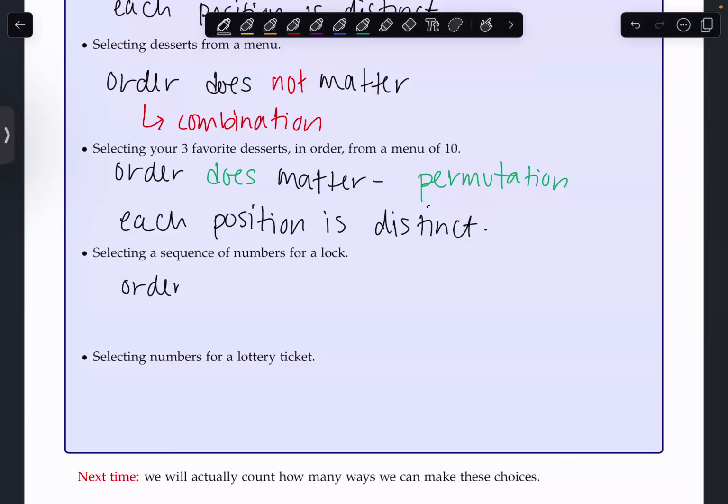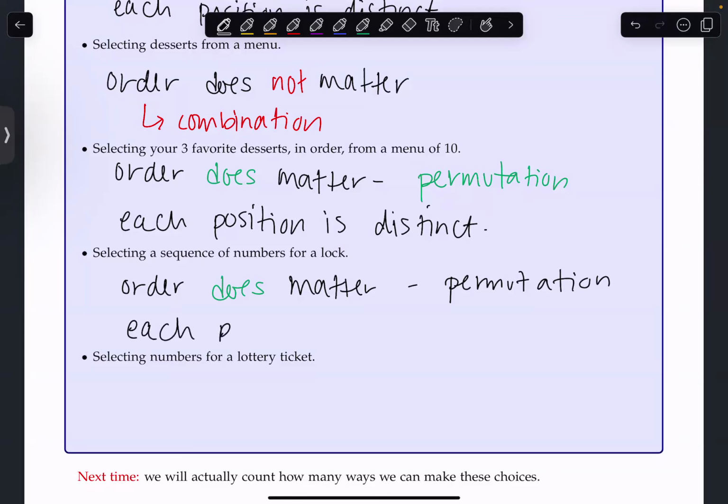So this is a permutation. This one's more of a context. You need to understand the context of a lock. Right here, the position is distinct, even if they don't outrightly say it in some form.